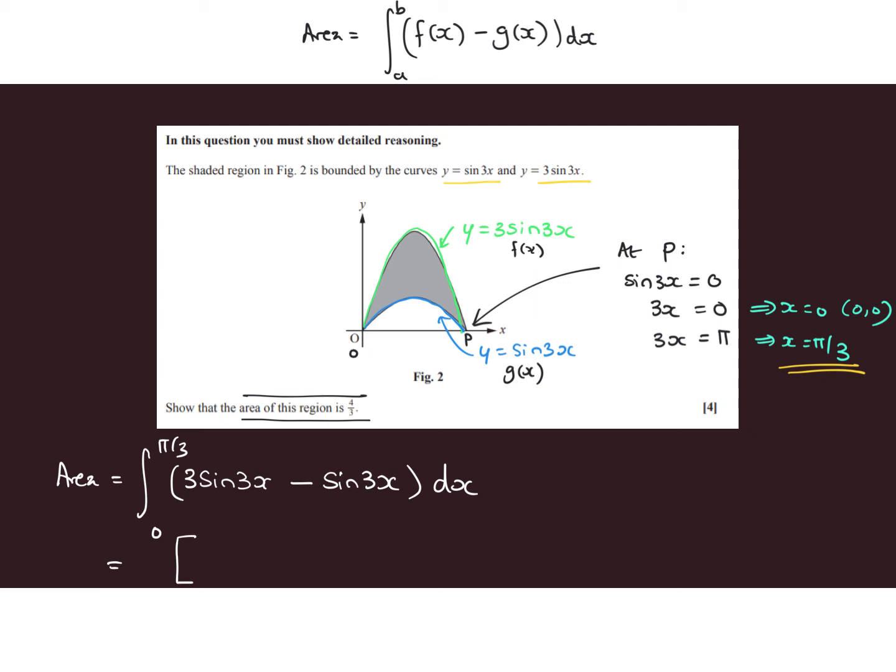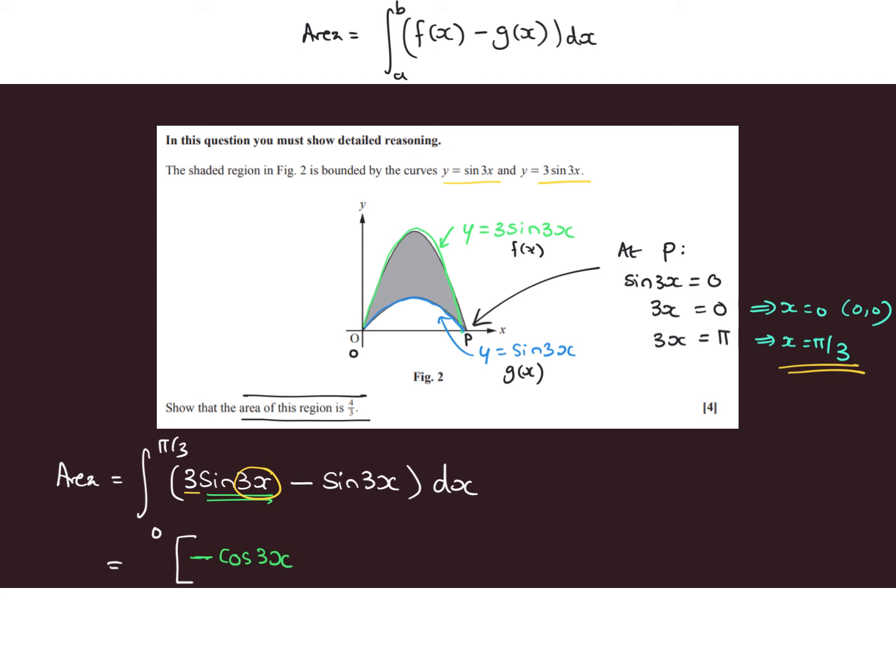So 3 sine 3x will integrate to, first of all, let's think about the sine 3x. That will integrate to negative cos 3x, but we need to divide by the derivative of the inner function, and the inner function is of course 3x, and dividing by that 3 will cancel with the 3 here. So the result is just minus cos 3x.